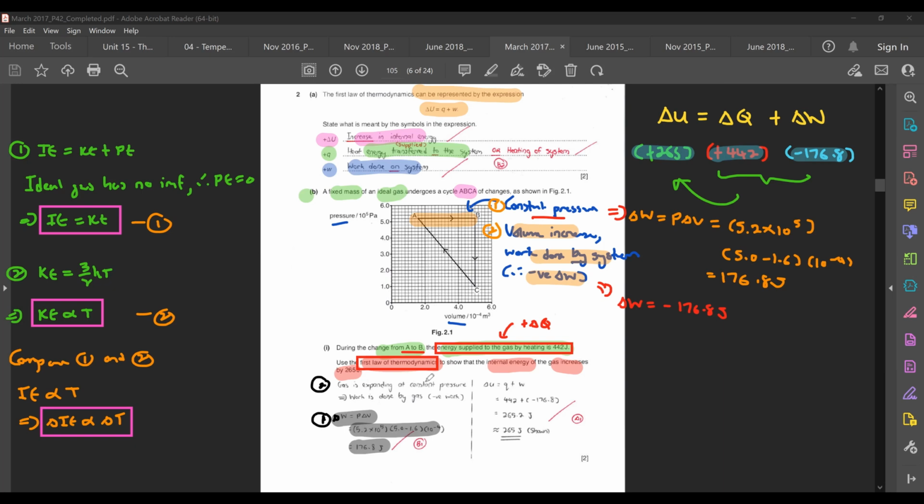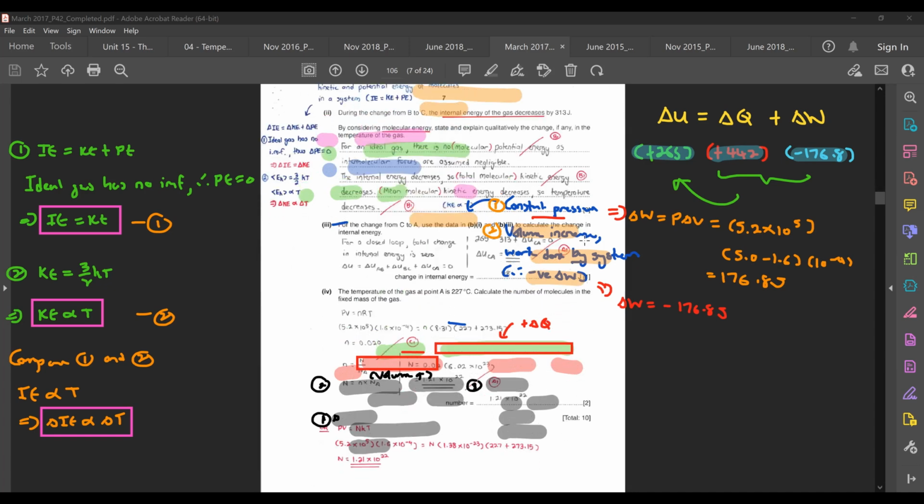You say that because the gas is expanded at constant pressure, or you can just say volume is increasing, that means work is done by gas, so it's negative work. And then the third thing that you will write is delta U is Q plus W, so you sum in the value of your heat supply, positive 442, and negative 176.8. Eventually, you get the final answer as 265 joules. So this one should be okay.